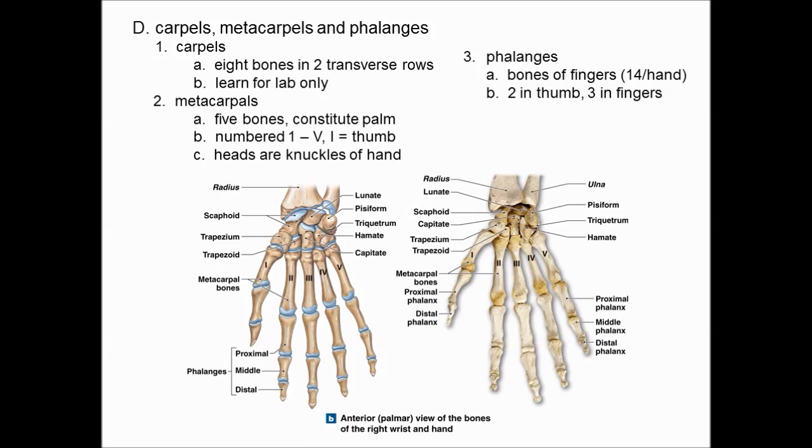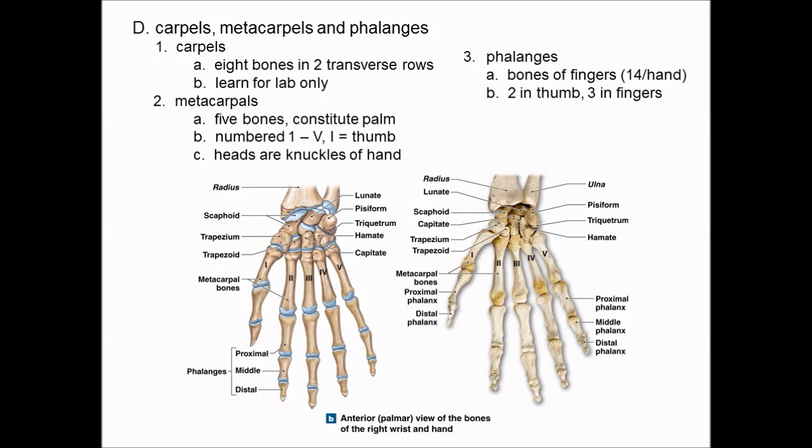The carpals are some small irregular-shaped bones. There's 8 of them here that make up the wrist. I'm not going to bother you to remember all the scaphoid and all those little names. The labs can teach you this when you have the bones in your hand and you're manipulating them, so it's a lot easier. So I won't ask you any questions involving those carpals.